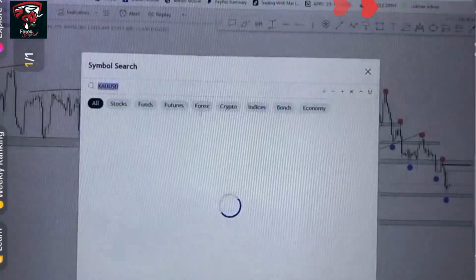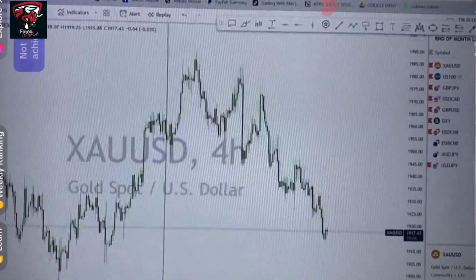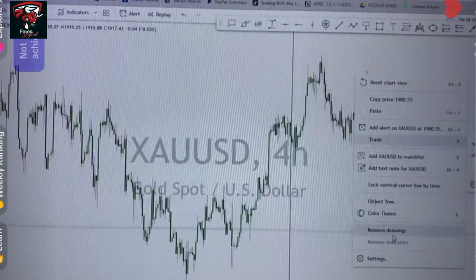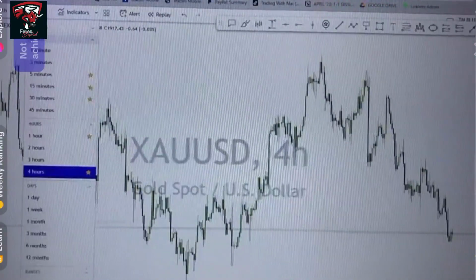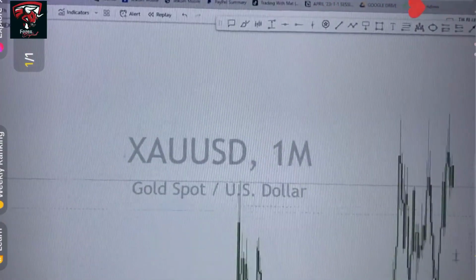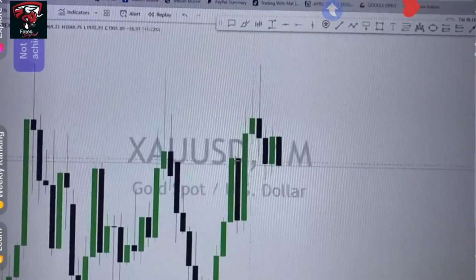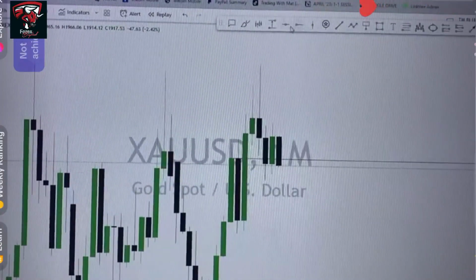let's go on to forex.com. When we get to forex.com, let's delete whatever nonsense is there. Should we start on a monthly? I might not be seeing anything on gold today, and that's okay.